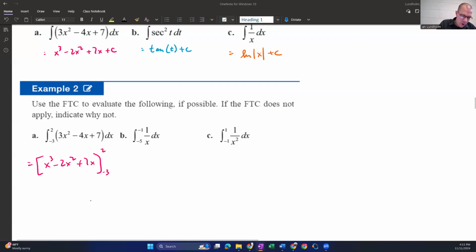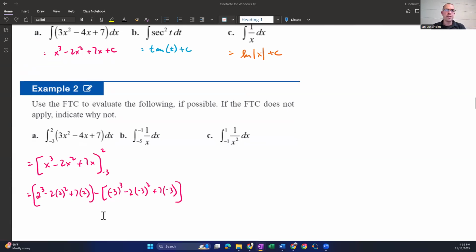So really, all we would need to do on this one is do 2 cubed minus 2 times 2 squared plus 7 times 2, and then subtract off negative 3 cubed minus 2 times negative 3 squared plus 7 times negative 3, and continue to solve that down so that it makes some sense.